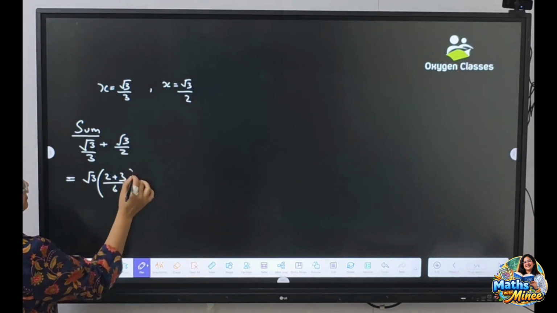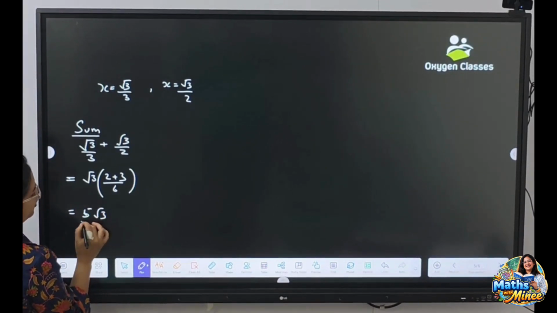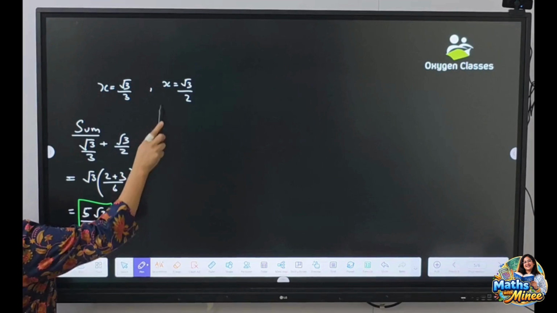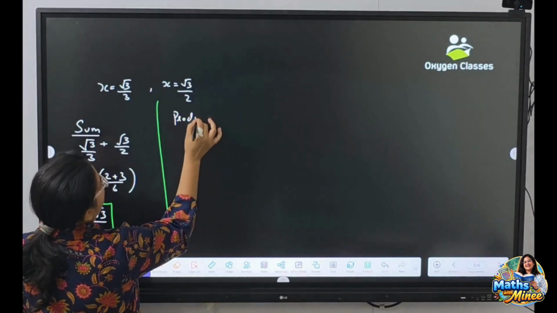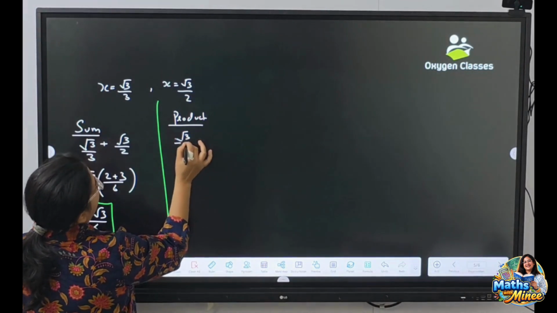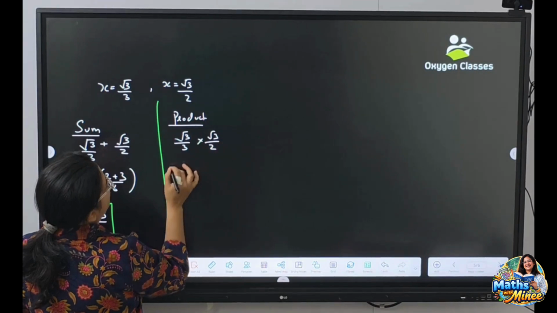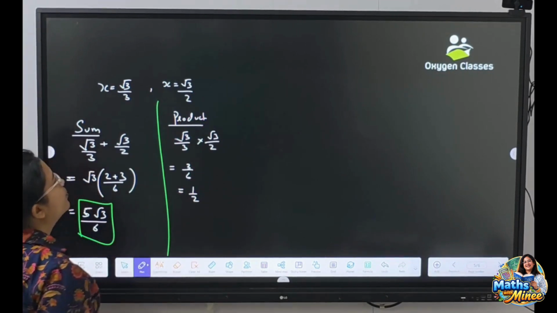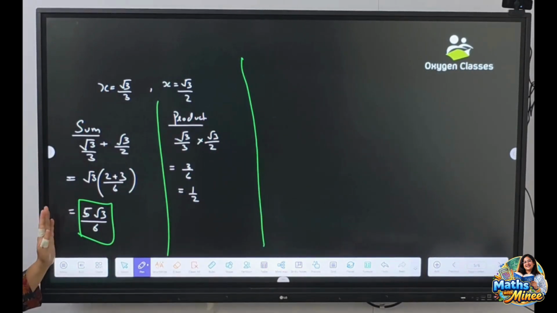So 2 plus 3 upon 6, which is equal to 5 root 3 by 6. This is the answer for the sum. Let us just calculate the product. So now to calculate the product, can we write root 3 by 3 multiply root 3 by 2, which is equal to 3 by 6, which is equal to 1 by 2. Done. So here we have calculated the sum and the product.